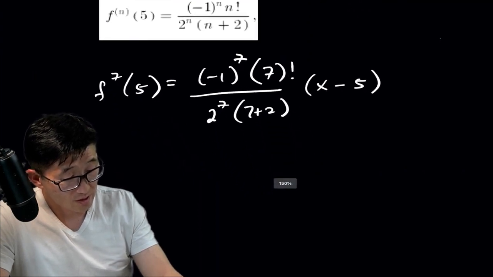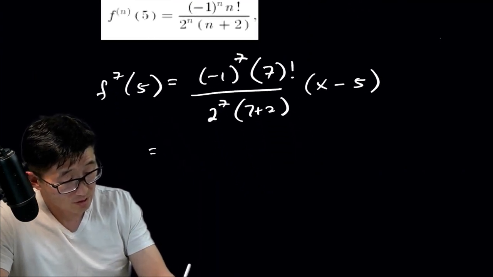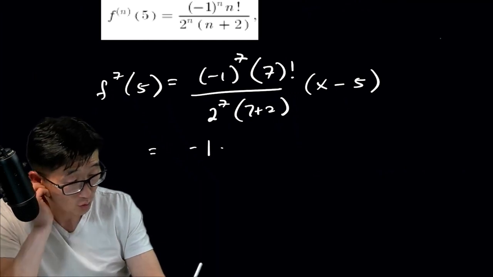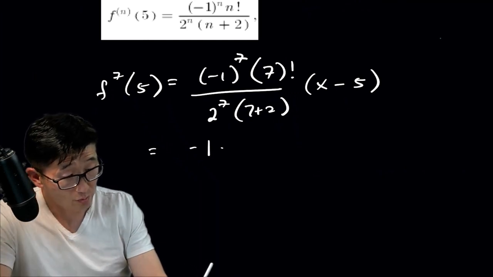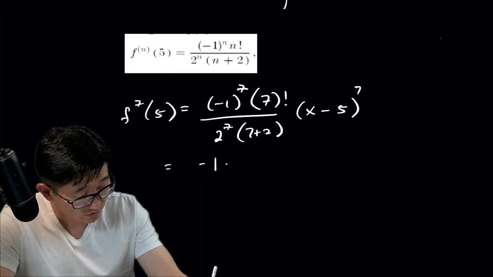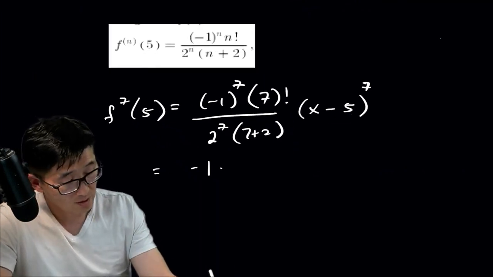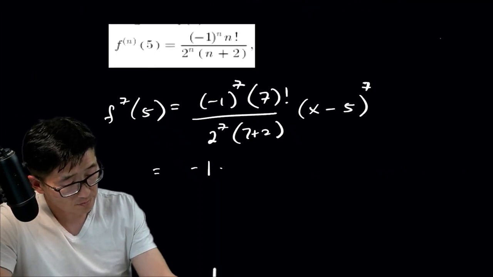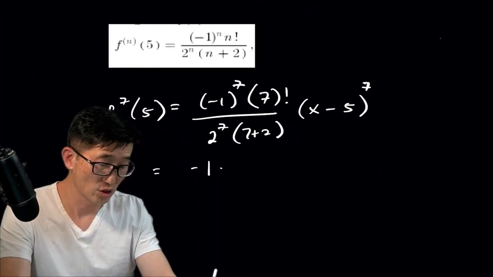Okay, so let's figure this out. This is -1. 7 factorial will be, this will be 7 to the 7th power, actually. Okay. So 7 factorial is huge.